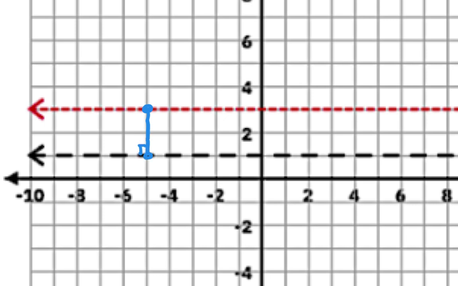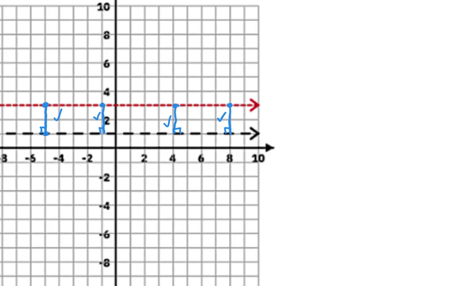So what's our distance there? 2. Pick any point. Is that 2? Okay, so that one checks off, that one checks off. And you pick any random points, right? Did they all check off to be 2? Yes. So is that one parallel? Yes. Even by looking at it, are they parallel? Yes, we can tell by kind of looking at it. We can confirm with the points though.